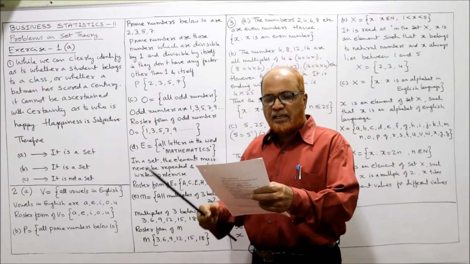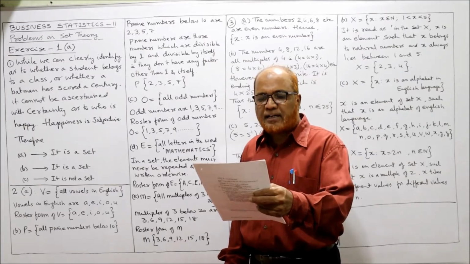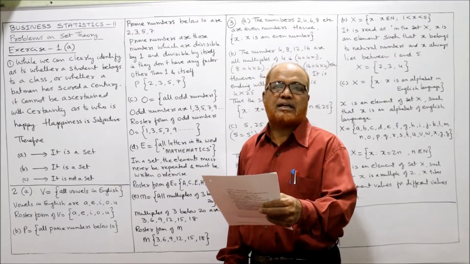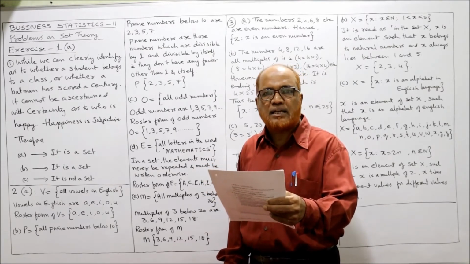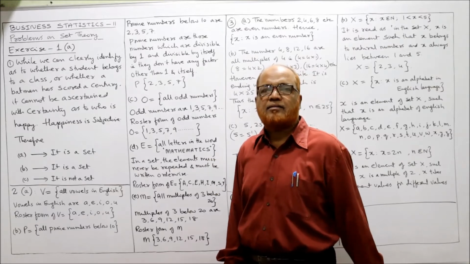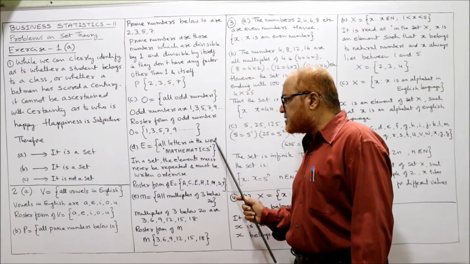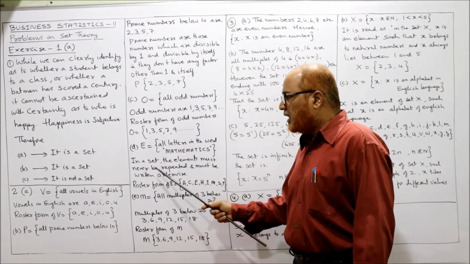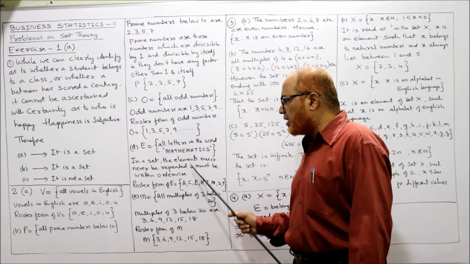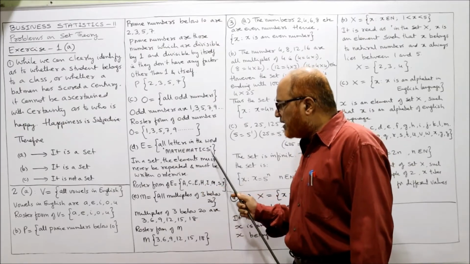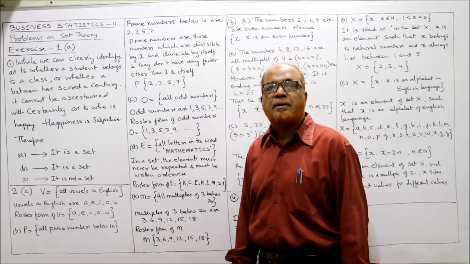D point. E. E is equal to all letters in the word mathematics. So here I am writing E is equal to all letters in the word mathematics. In a set, the elements must never be repeated. In the word mathematics, you can see many alphabets are repeated.